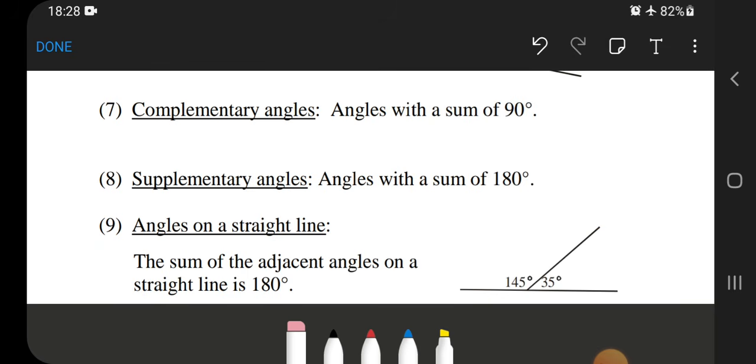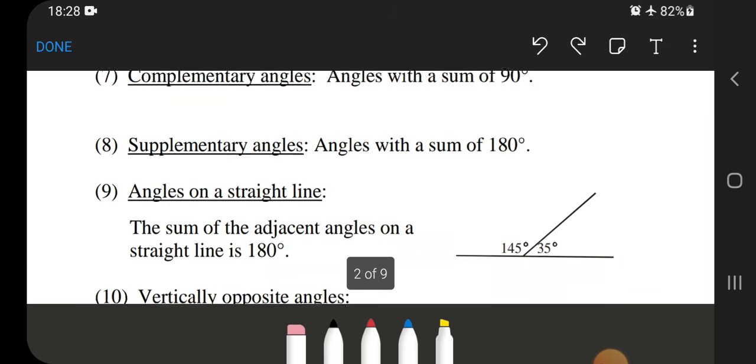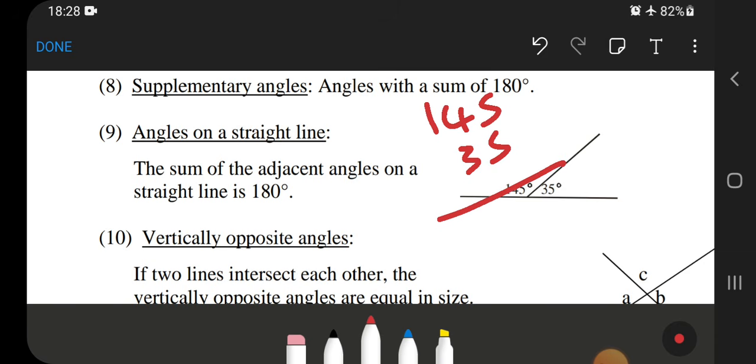And supplementary angles sum up to 180. I told you if you have a straight line, and here we have an angle of 35. Let's make use of this one that we already have here. They are on a straight line, and when you say 145 plus 35, 5 plus 5 is 0, we carry the 1, and then 1 plus 4 is 5, 6, 7, and 8.